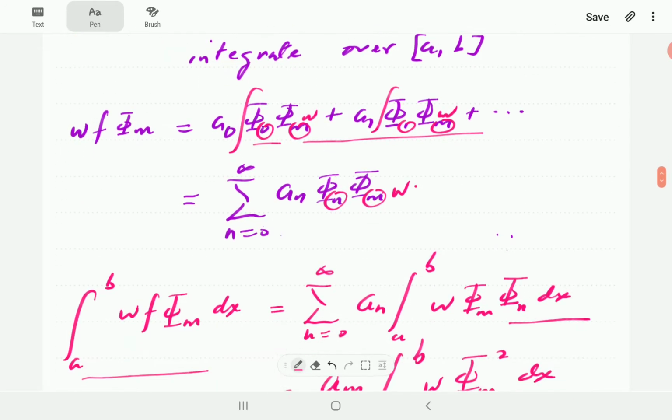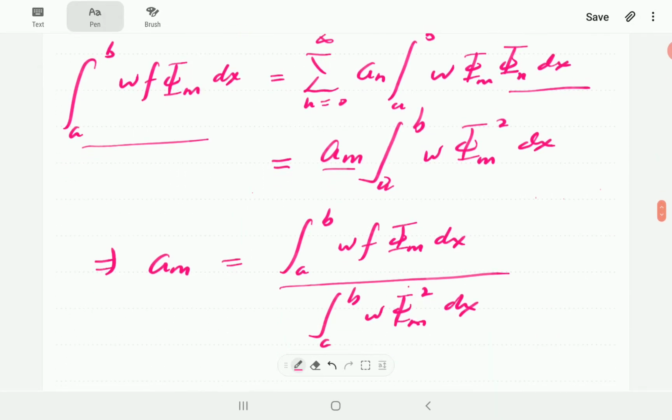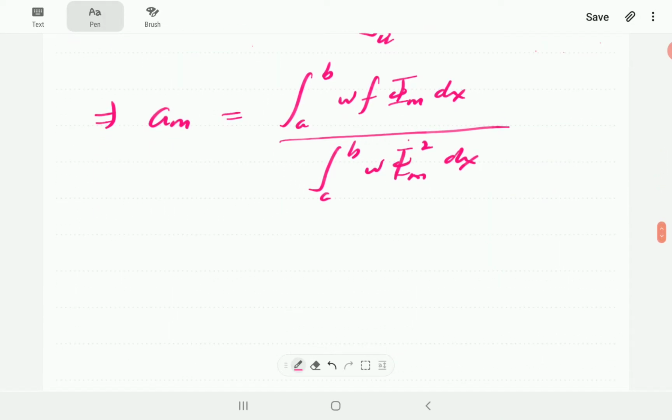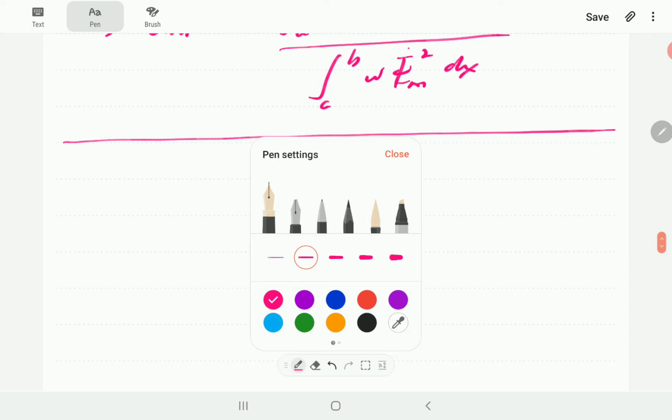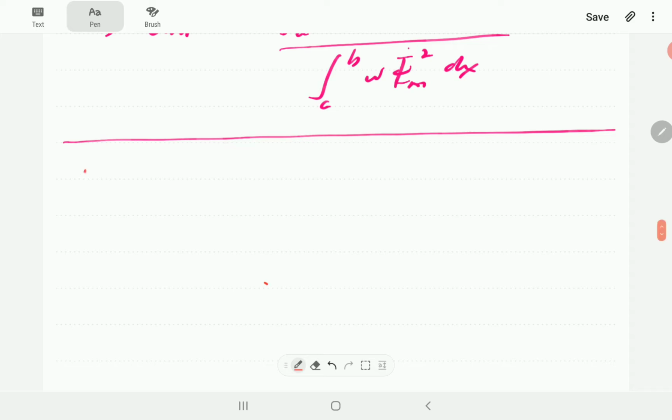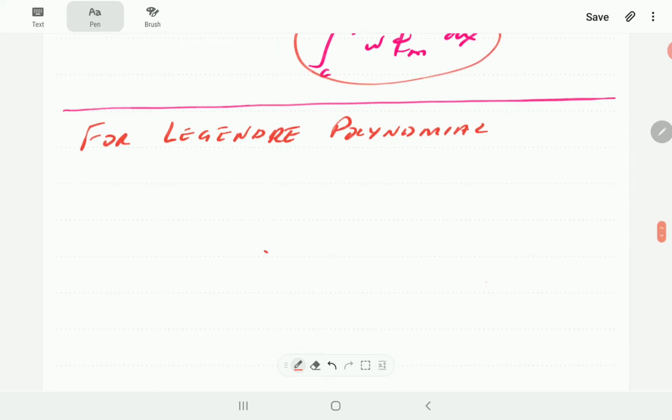Okay, so what we're going to do now is look at the particular case of Legendre polynomials, which we have seen are orthogonal. For these polynomials, we're going to be interested in this denominator term of the formula for the coefficient.